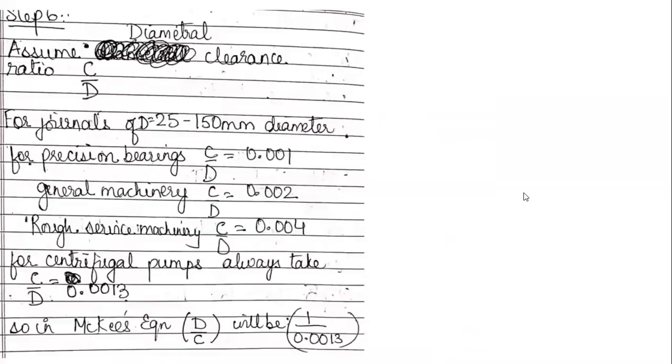Moving quickly to step number 6, you have to assume diametral clearance ratio. Capital C is your diametral clearance. Capital D is your journal diameter. So C by D is your diametral clearance ratio. So you have to assume that ratio. How to assume it? For journals of diameter 25 to 150, and mostly they will be between this only.